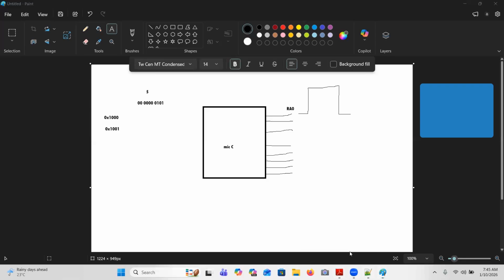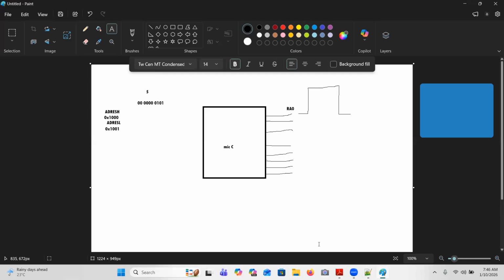Let us say memory location 1000 is AD result high, and memory location 1001 is named AD result L. These are just examples of the names used for these memory locations. The moment the ADC converts the result, it should store it.